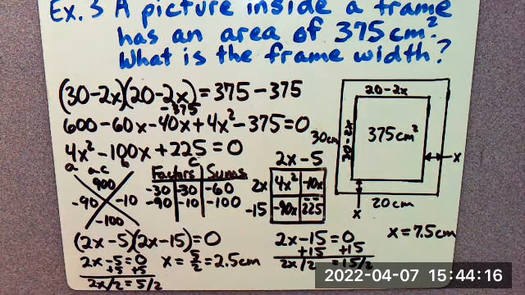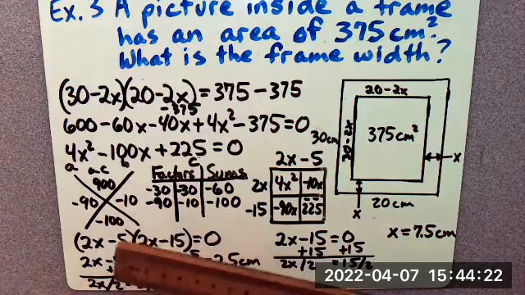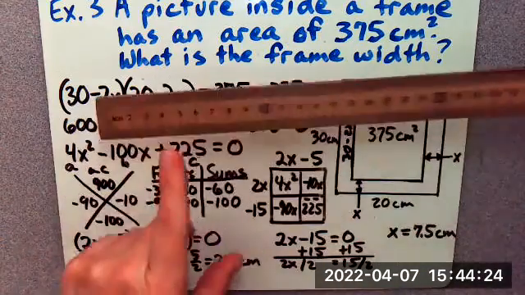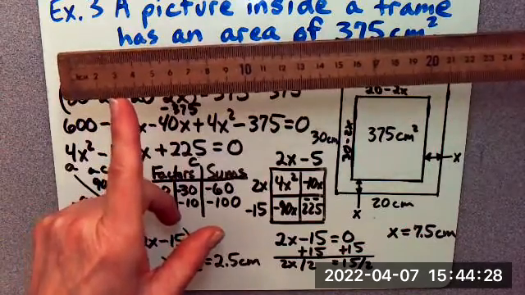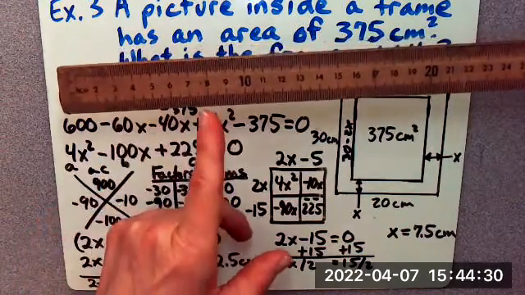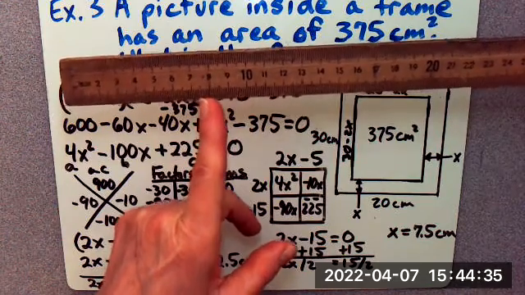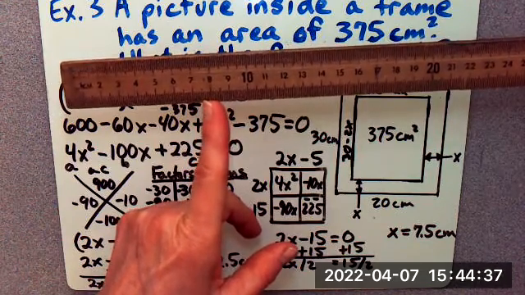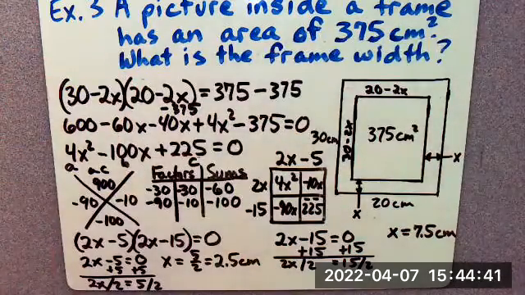So if we get a meter stick out, let's look at reality here. We would have 2.5 centimeters is here. 7.5 centimeters is there. Actually, both of those would be realistic picture frame widths, depending on how large your picture is.